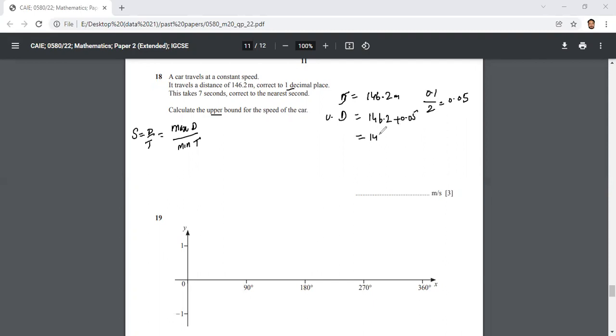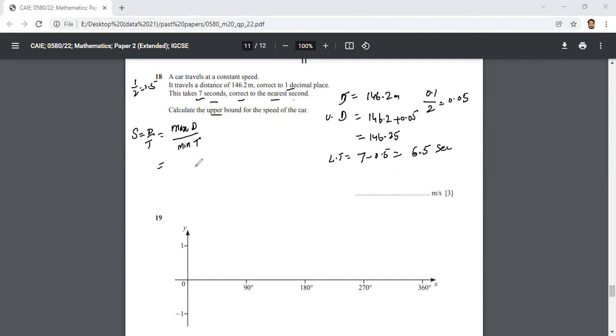That gives me 146.25. And the lower or minimum time: the time is 7 seconds, correct to the nearest second, meaning 1 second. Half of 1 is 0.5. So the minimum time is 7 minus 0.5, that gives me 6.5 seconds.